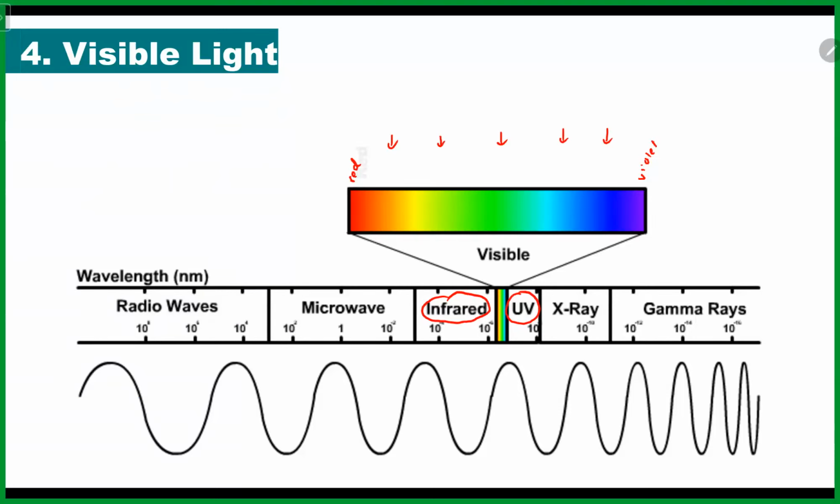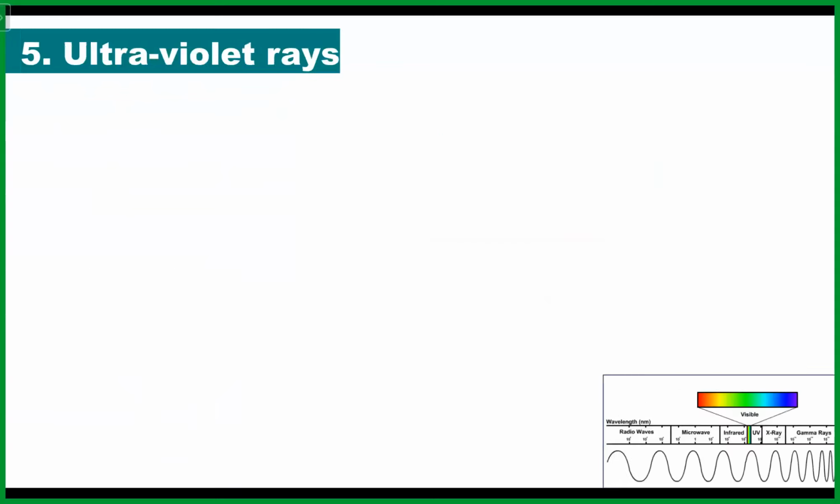So it goes as red, orange, yellow, green, blue, indigo, and violet. All right, so that was what you needed to know about visible light. And we are now moving on to the 5th type of electromagnetic wave, which are the ultraviolet waves. Now, ultraviolet waves are invisible to the human eye.